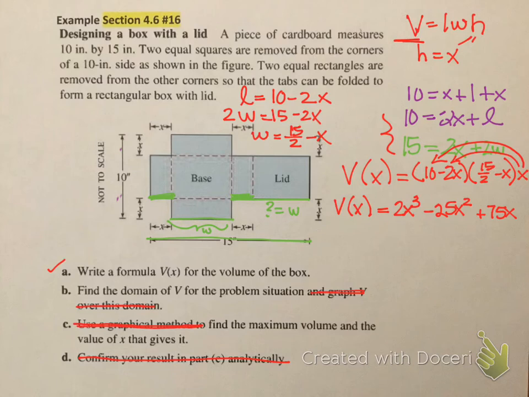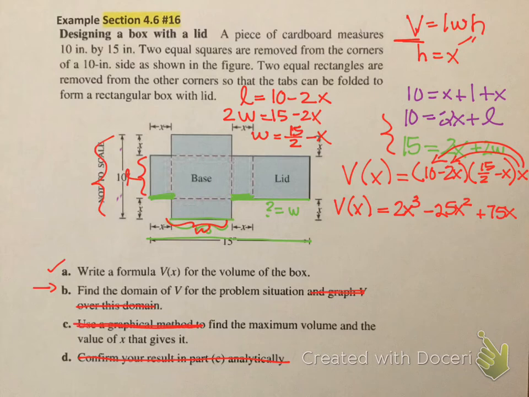Part B is asking me to find the domain of V in the problem. In other words, they're really asking me, how much can I cut out for x, for the little squares and for the rectangle? So let's think about this. Both the length of the box and the width of the box need to be positive, or greater than 0.